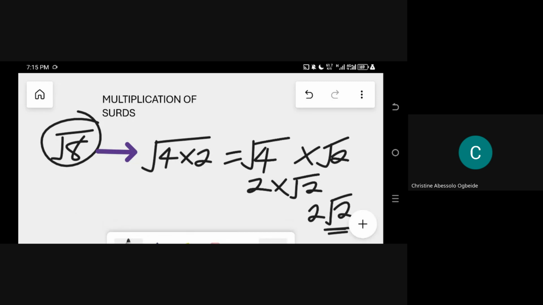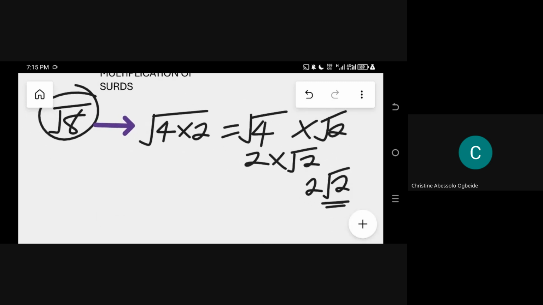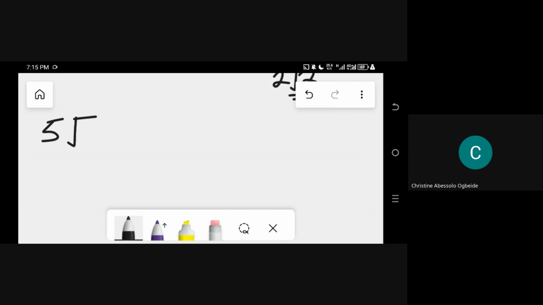Now we'll proceed with the multiplication. When you have two surds multiplying themselves, maybe we have 5 root 3 multiplying 6 root 6, for instance.